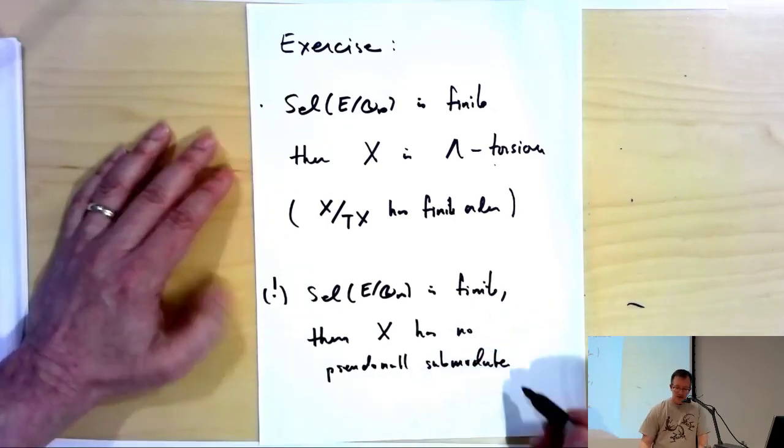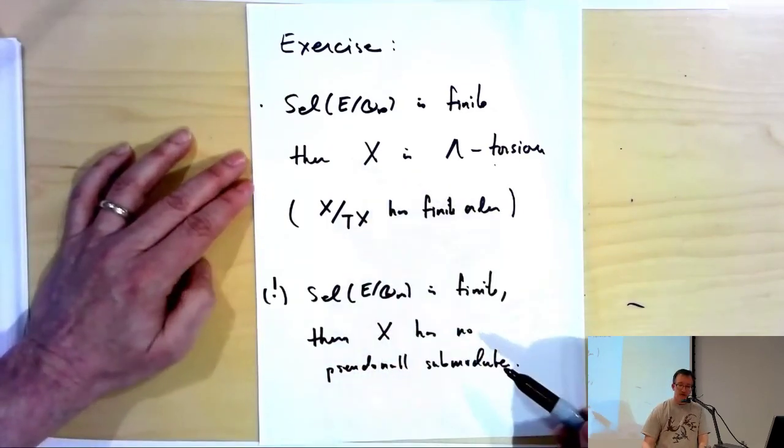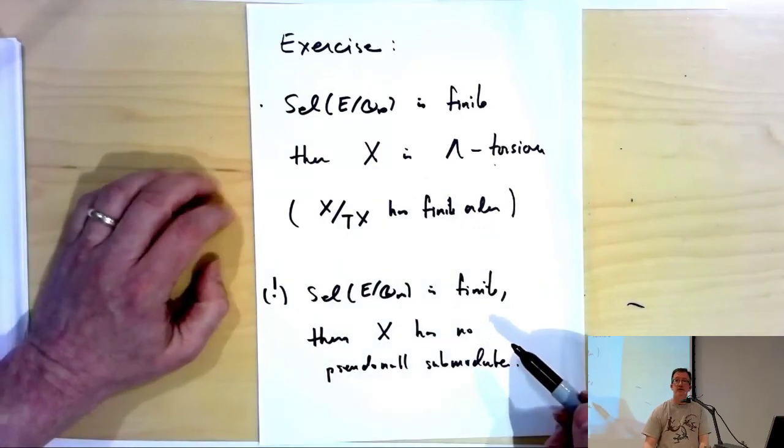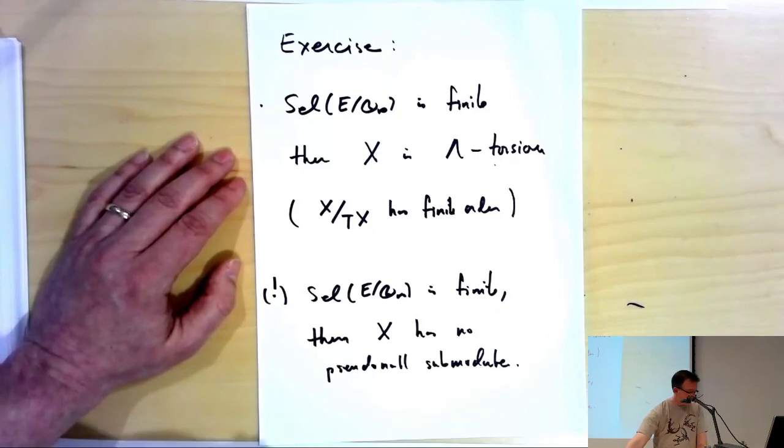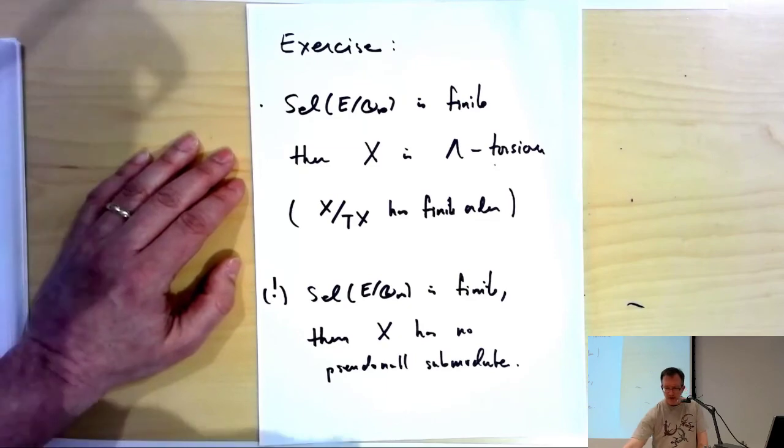Actually, you can say something much stronger. If X is lambda torsion, then it actually has no pseudo-null submodules. And so, in fact, everything we said on this slide applies. We have this.